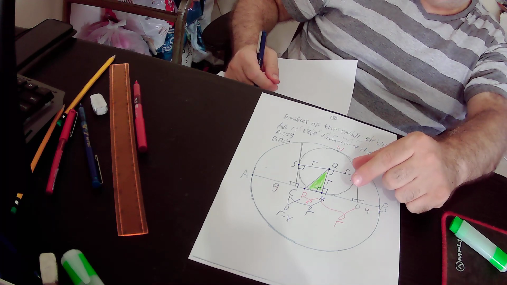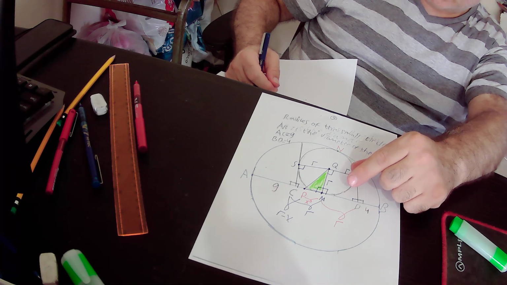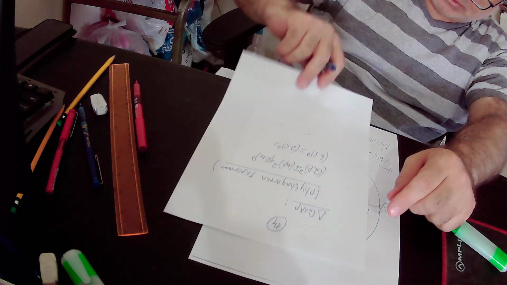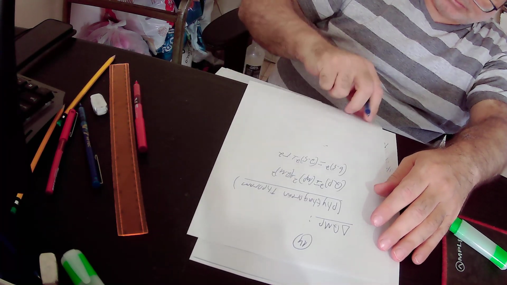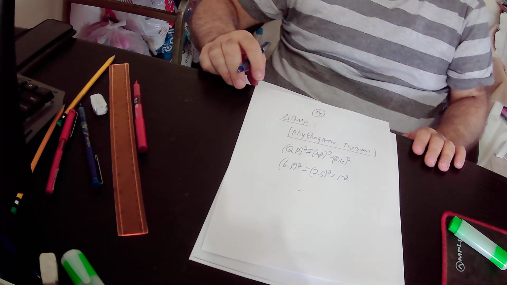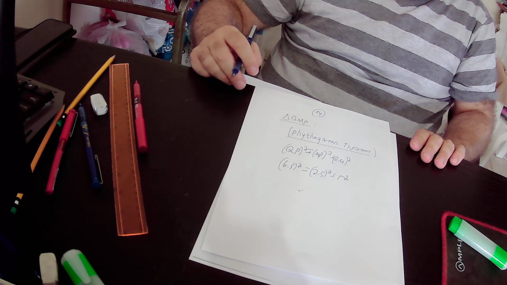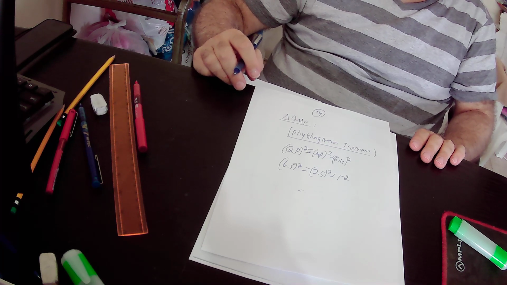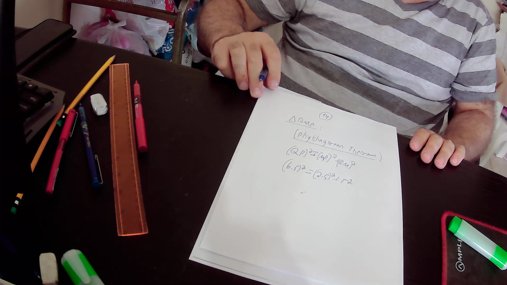QM equals the radius of the small circle, that is small r, so QM square is r square. So in total we got that 6.5 square equals 2.5 square plus r square. 6.5 square is 42.25 and 2.5 square is 6.25.